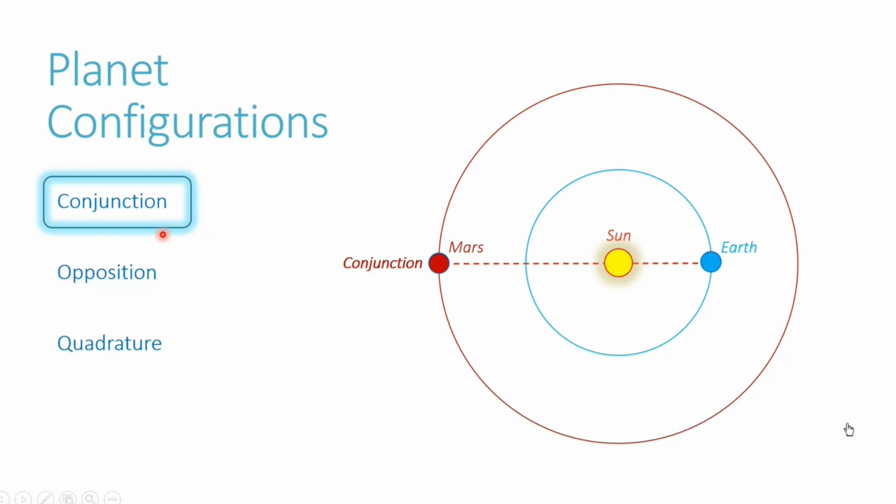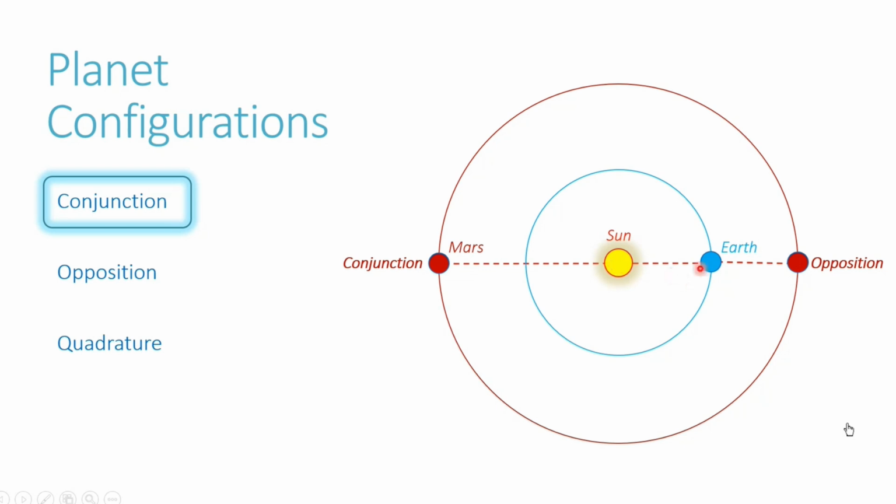Now let's say after some time, we keep on observing this particular planet, and it moves to a different placement in its orbit. Right now, the planet has moved to this particular location in its orbit. Now, for an observer on the Earth, with the planet Mars at this location, you can see that the sun and the planet Mars are opposite to each other, or they are in opposite directions.